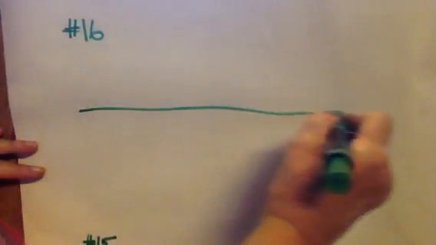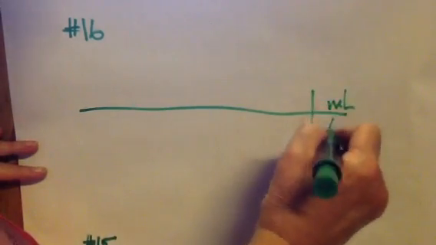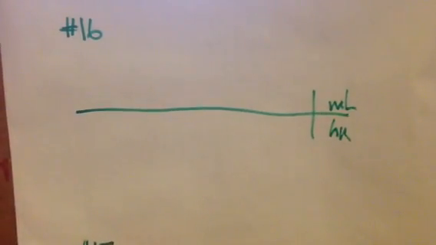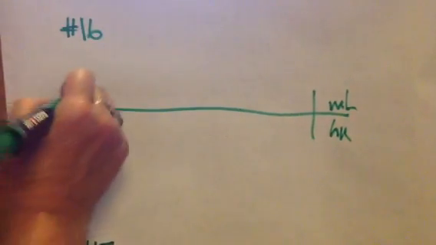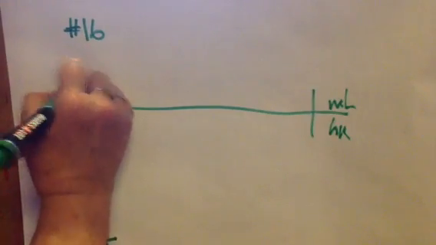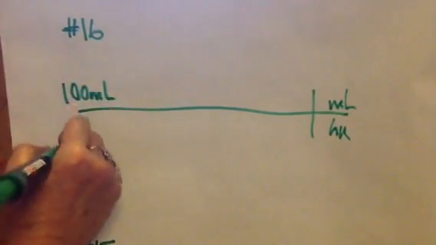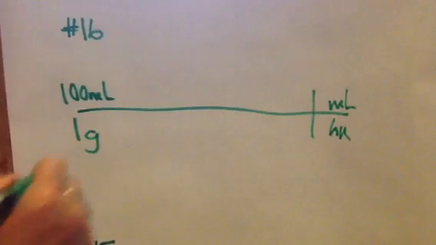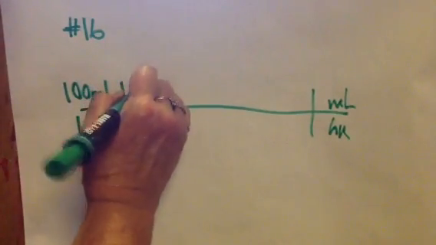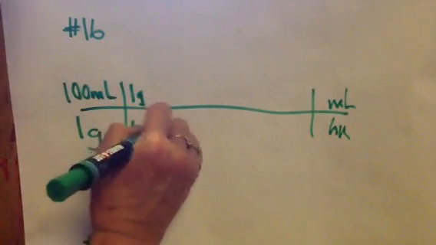Okay, number 16. On this one, we're wanting to know milliliters per hour. So we start with 100 milliliters that has 1 gram in it, and we have to have a conversion, so our 1 gram is 1,000 milligrams.